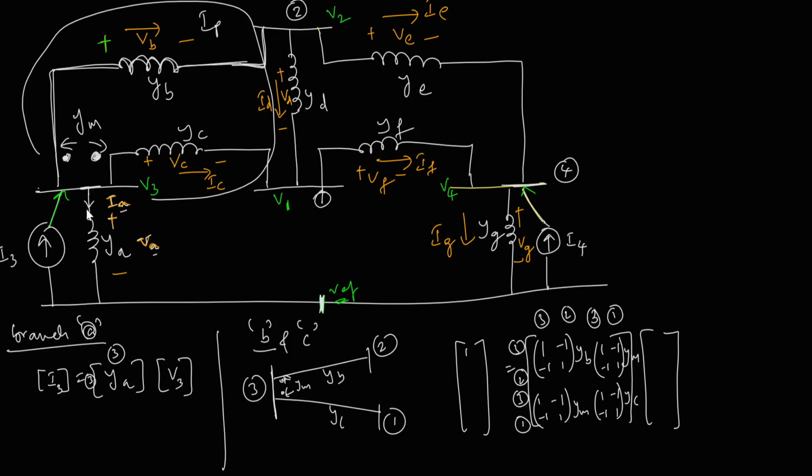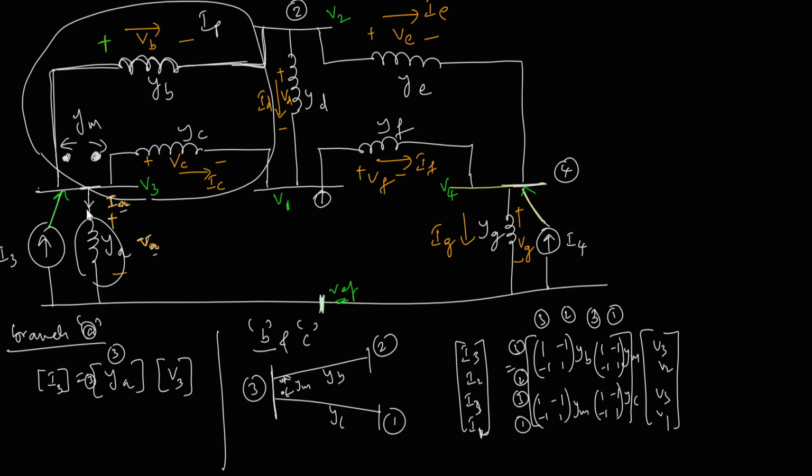This is I3 I2 I3 I1, and V3 V2 V3 V1. So this is the building block for the branches having mutual couplings. So these 3 branches are over.